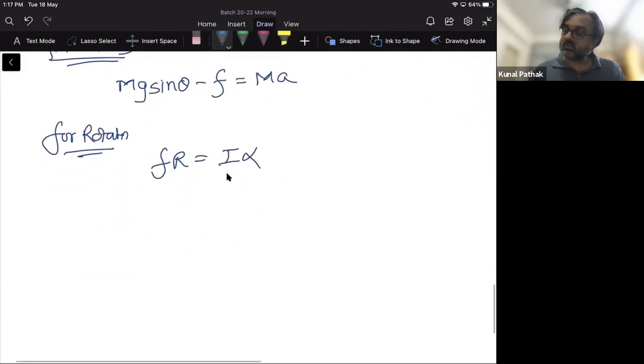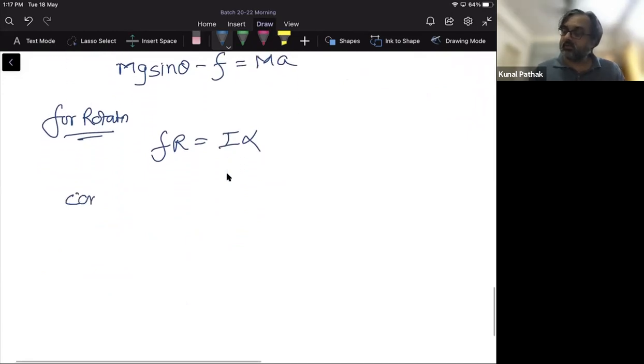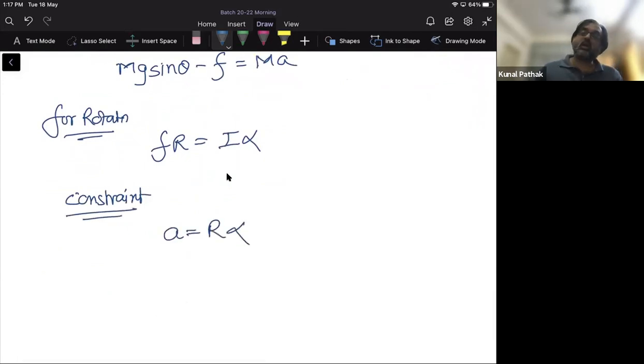And for the constraint, they've already discussed. If nothing comes to our mind or we don't have time, we simply go for a is equal to R alpha.